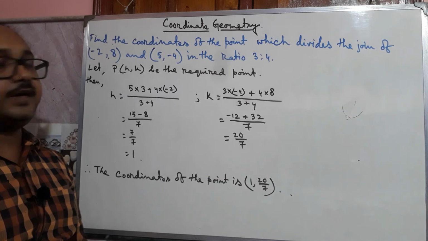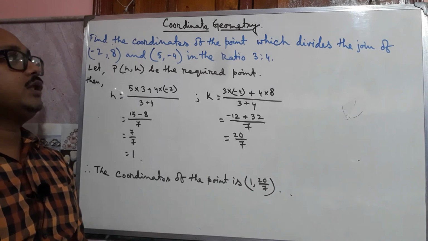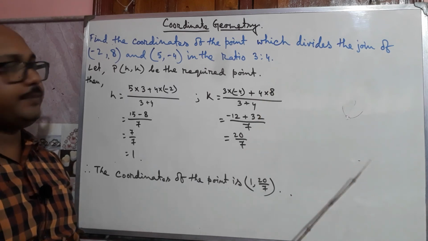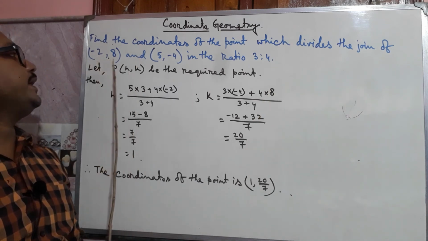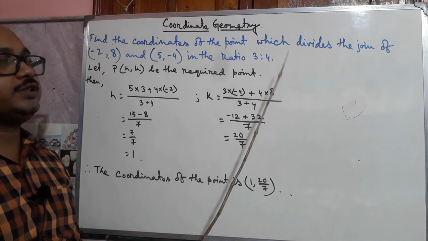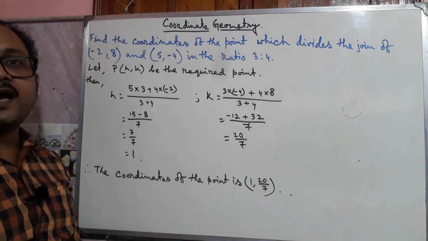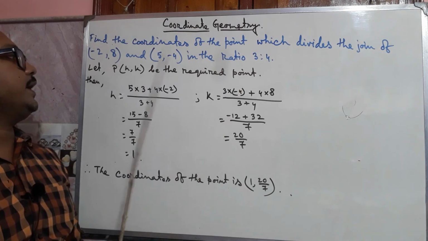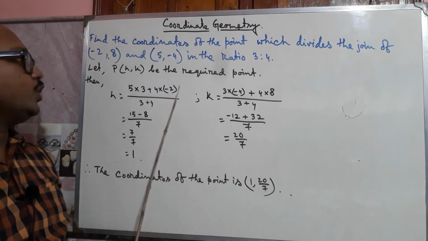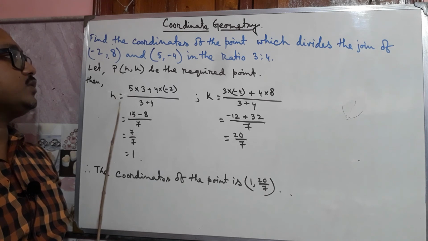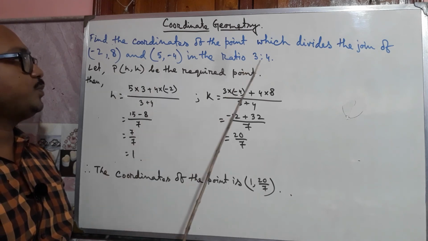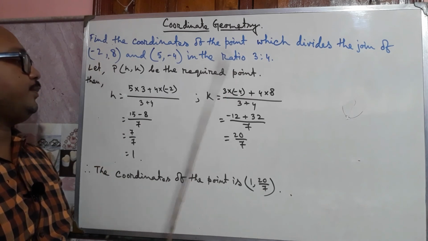One problem is given: we have to find the coordinates of the point which divides the line segment joining (-2, 8) and (5, -4) in the ratio 3:4. Let the coordinates of the required point be (h, k). So h equals (3 into 5 plus 4 into -2) by (3 plus 4).